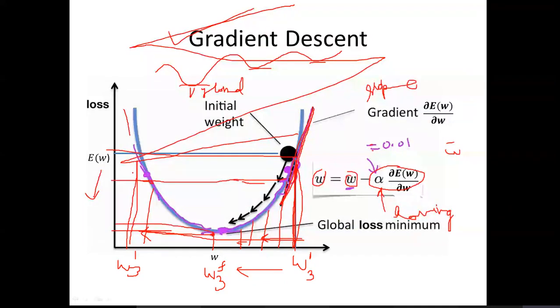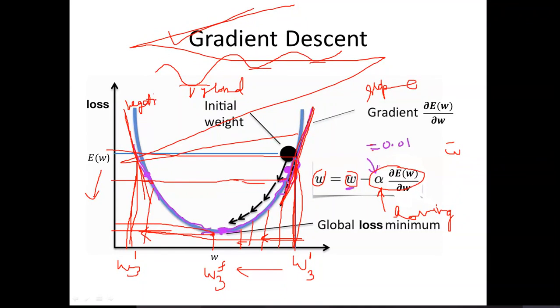Okay, if I assume the initial weight, knowingly or unknowingly, in fact, you never knew what the correct weight is, so most of the time we do it unknowingly only. If it so happens that you have assumed the initial weight to be here, then you see that if you take the slope here, the slope here is negative.